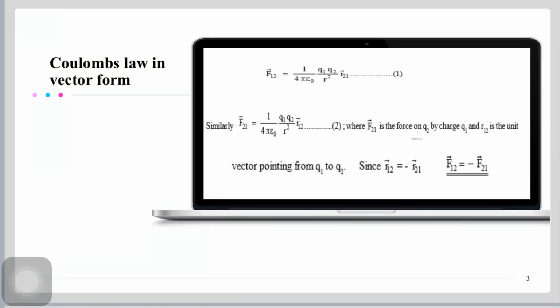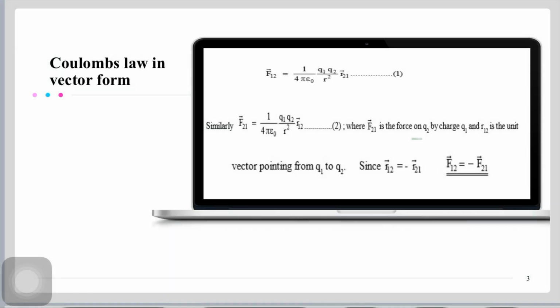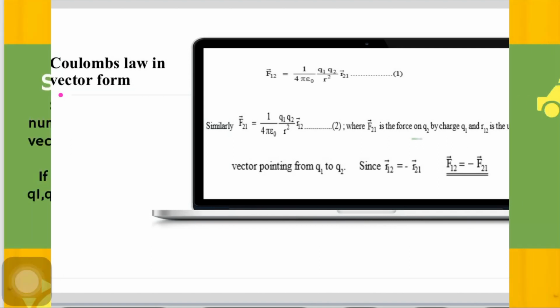Note one important point: r12, pointing from the first charge to the second charge, is equal in magnitude to r21, pointing from the second charge to the first, and the only difference is its direction is opposite, and hence the forces between them are also opposite. So F12 is equal to minus F21.